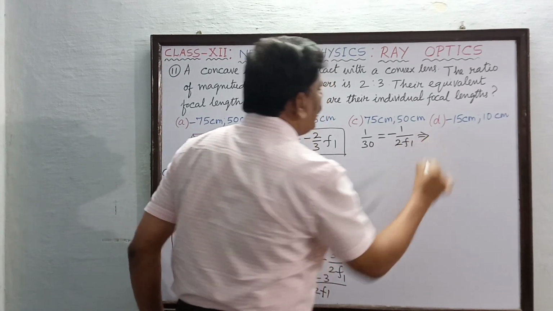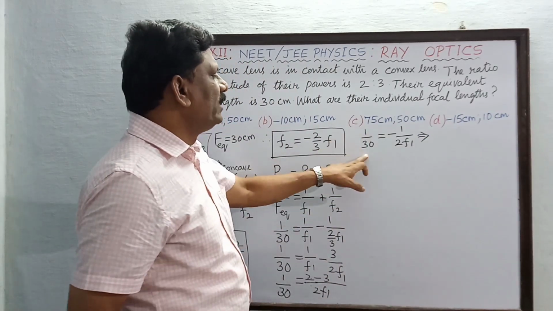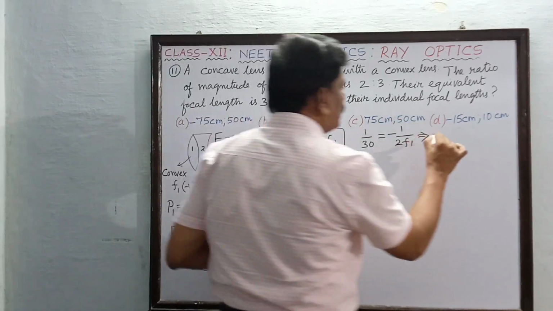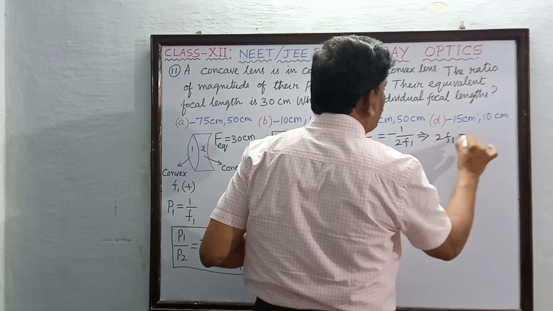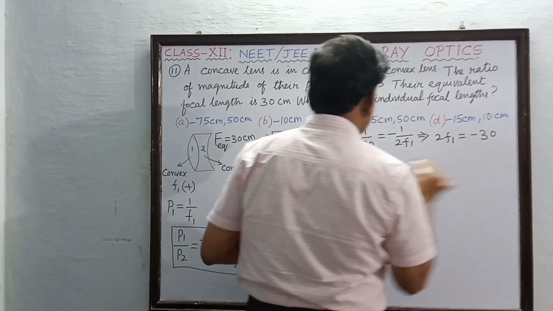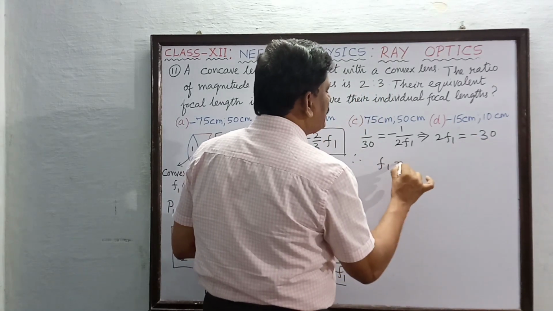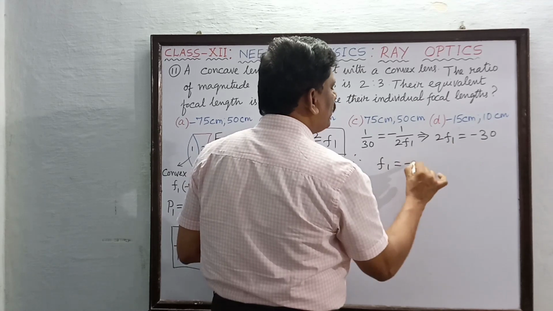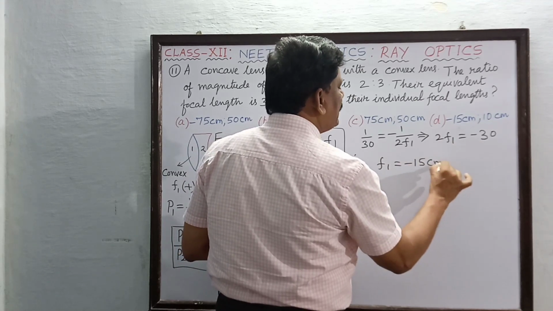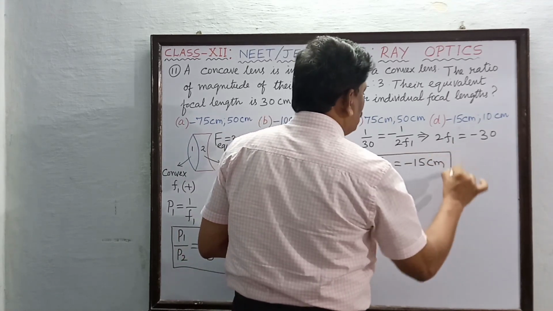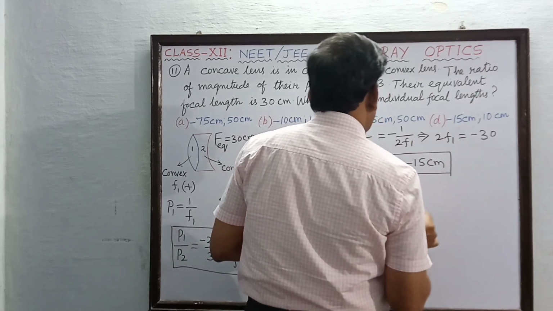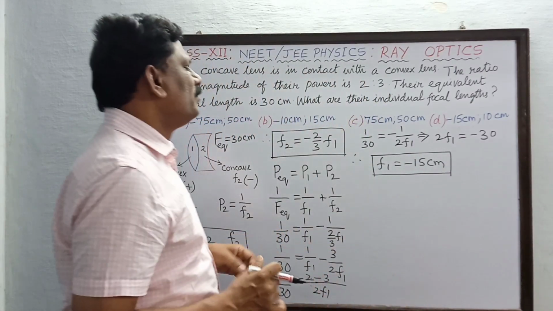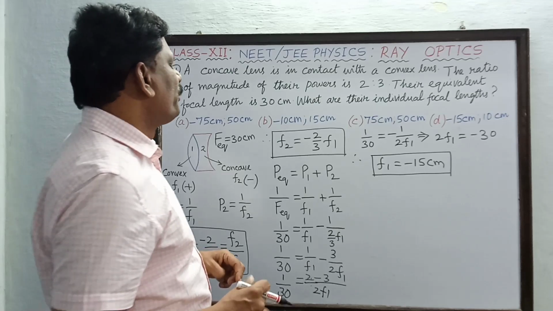So this implies 2 f1 is equal to minus 30. Therefore, f1 is equal to minus 30 by 2, which is minus 15 centimeter. So f1 is equal to minus 15 centimeter.